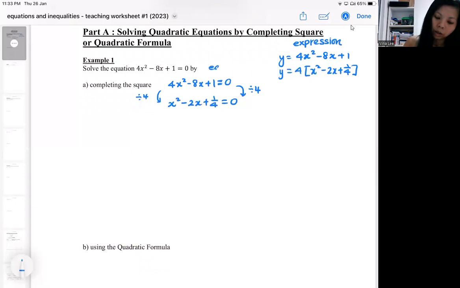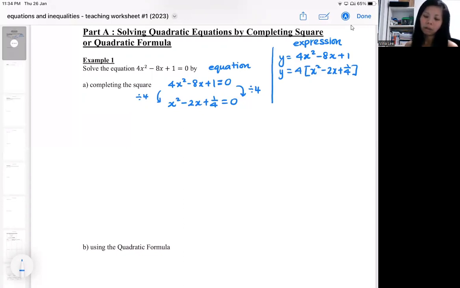This is an equation because there's an equal to 0, whereby you can solve for x. In an expression, you cannot solve for x. So that's the difference. In an expression, you can't divide by 4, you can only factorize out 4. In an equation, you can divide both sides by 4.